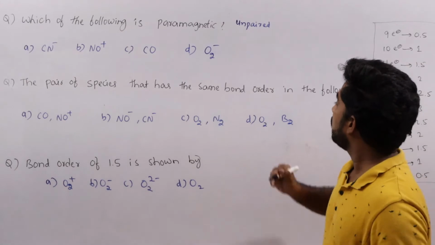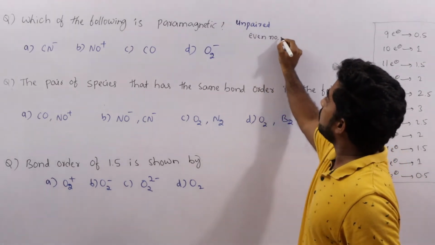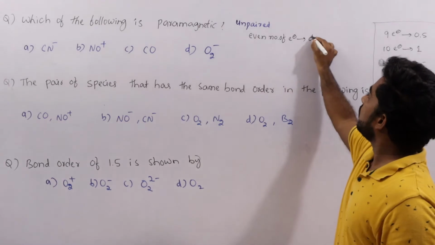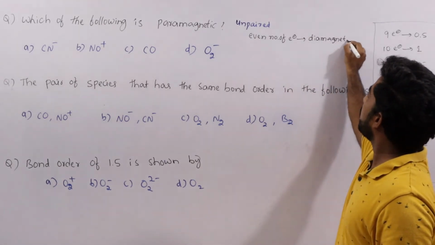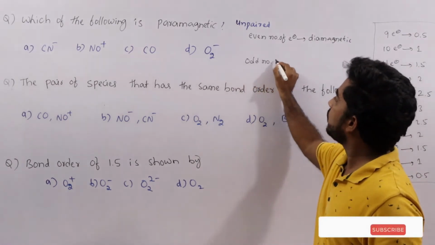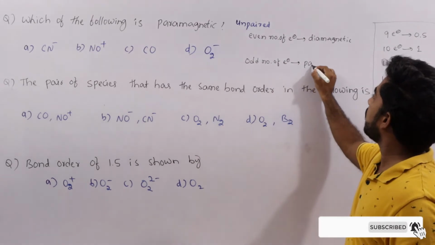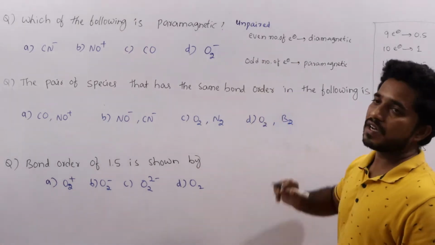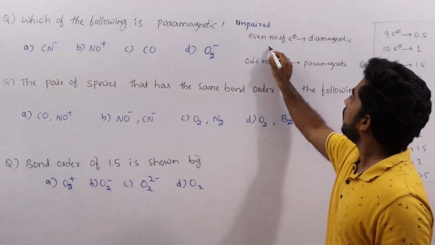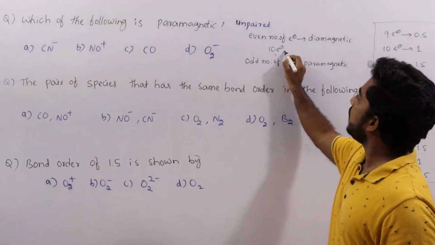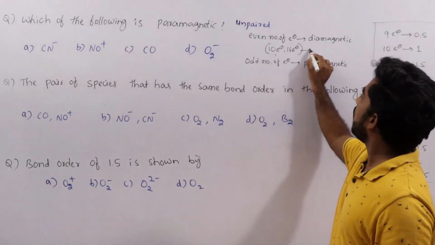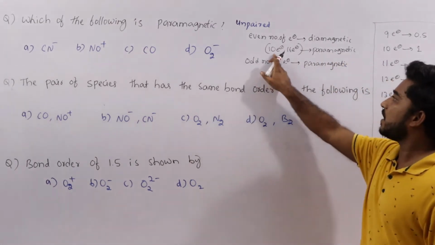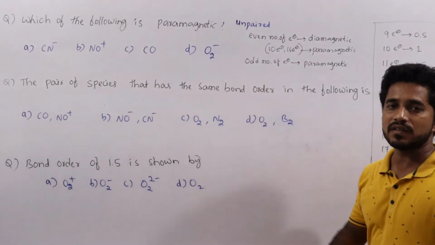Species containing an even number of electrons are diamagnetic, and species containing an odd number of electrons are paramagnetic. There is one exception among the even-electron species: 10-electron species and 16-electron species come under paramagnetic species, because they have unpaired electrons.